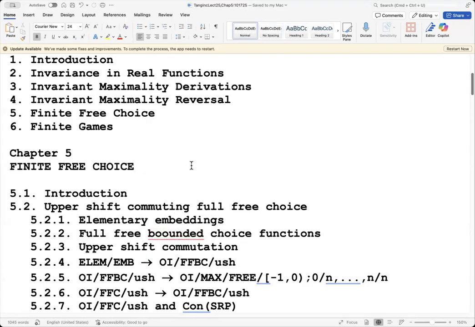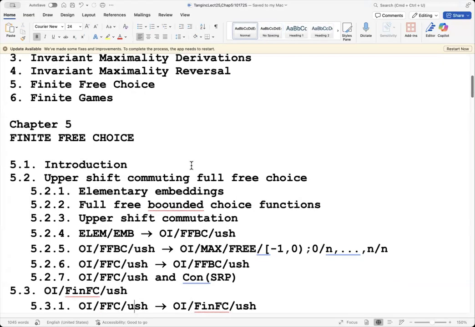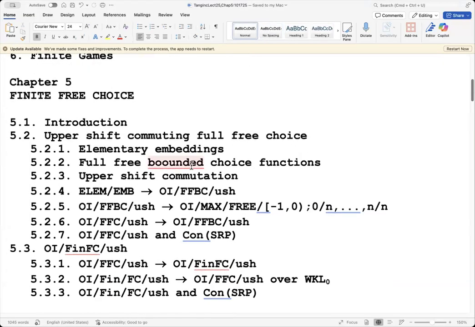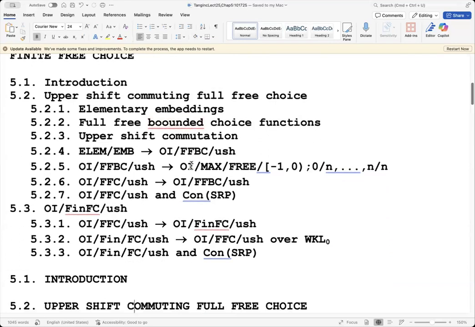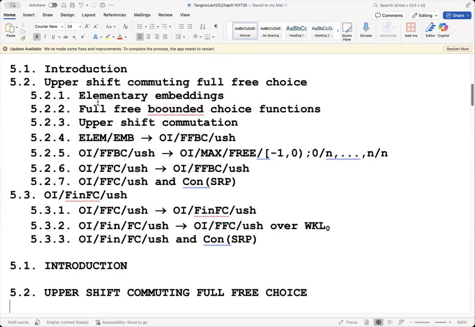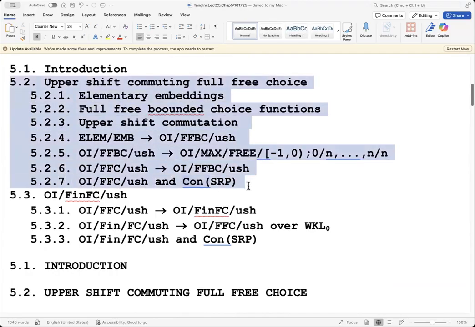All right. So I'm going to call this finite free choice. So here is the new organization. Upper shift commuting full free choice. This is the infinite part of the chapter, and this is the finite part of the chapter.